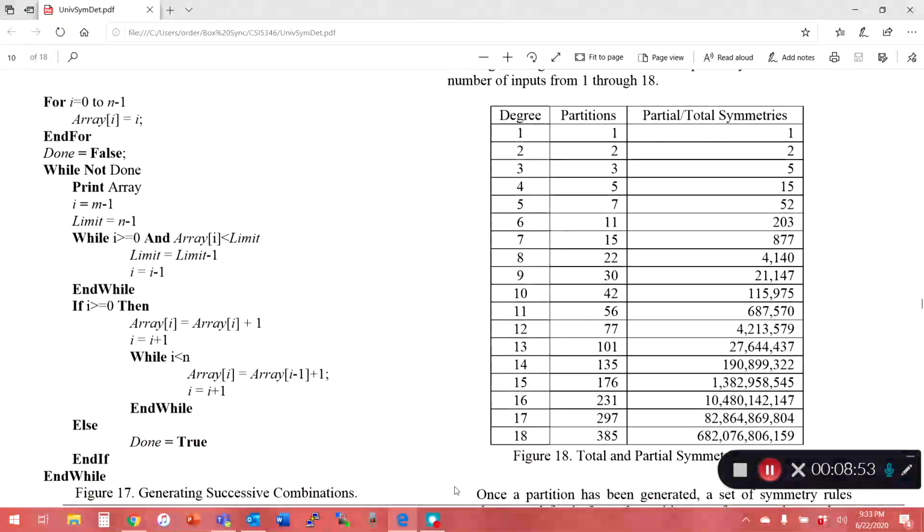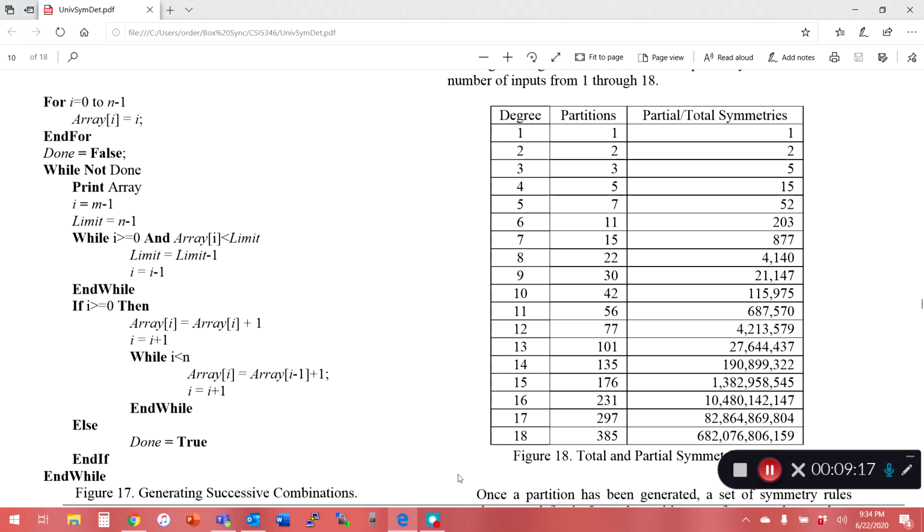The number of partial symmetries given a certain number of inputs is given in figure 18. You will notice, if you compare it to the previous table that listed all of the subgroups up to S sub 18, that these numbers are considerably smaller.